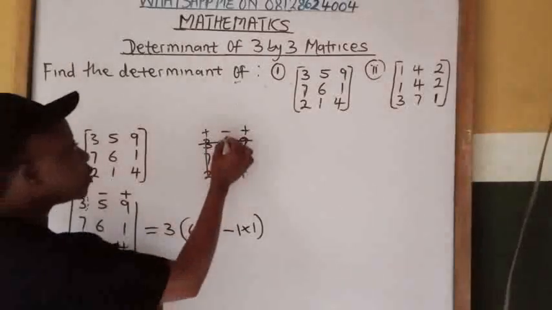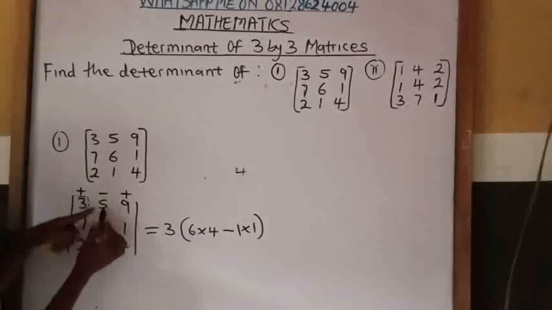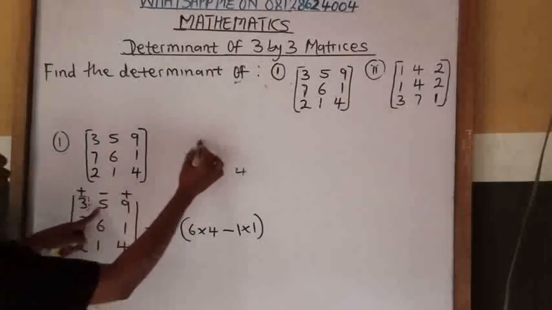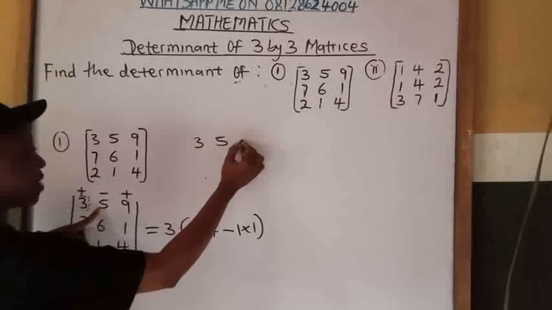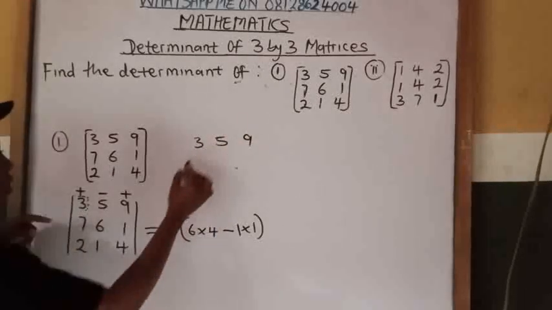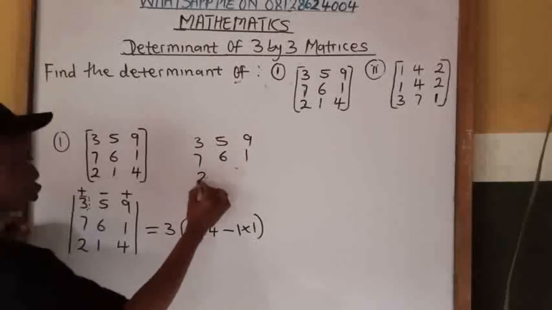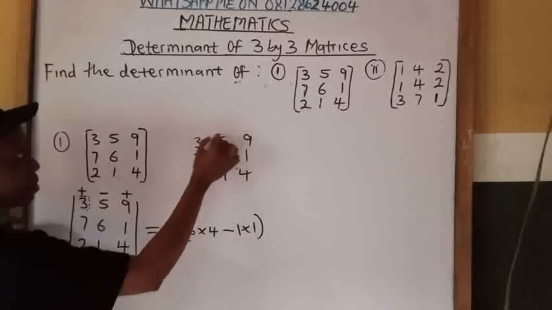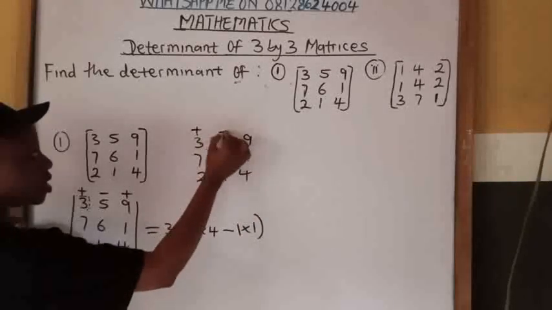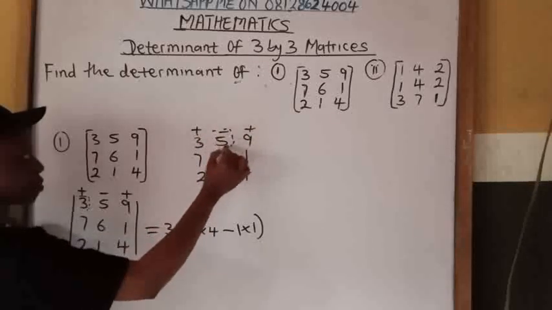Then you move to the second element, which is 5. Let me repeat those elements again: 3, 5, 7, 6, 1, then 2, 1, 4. I've picked the first element, so I want to pick the second element, which is 5.